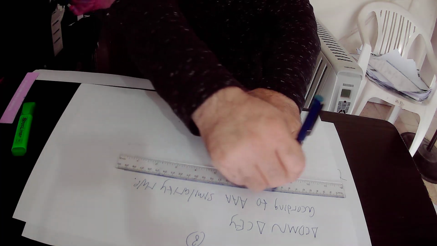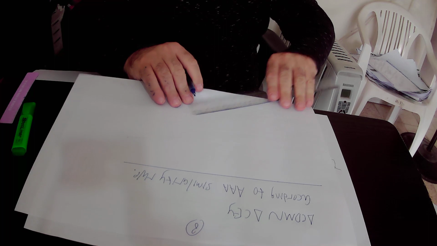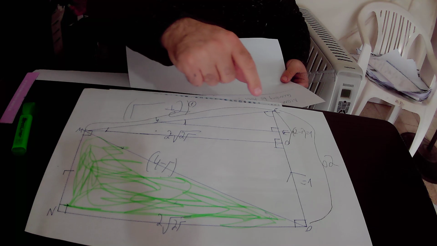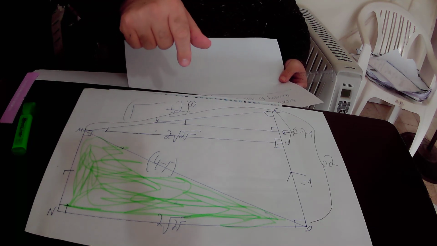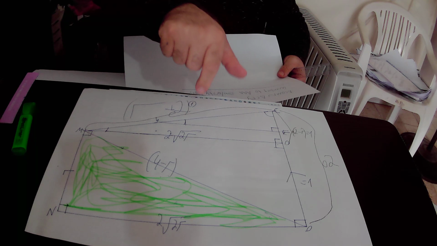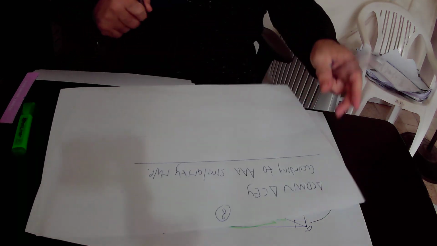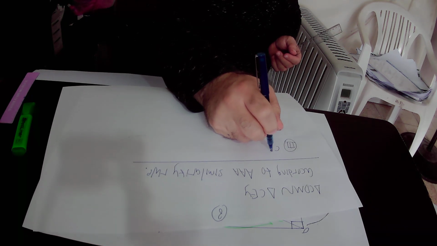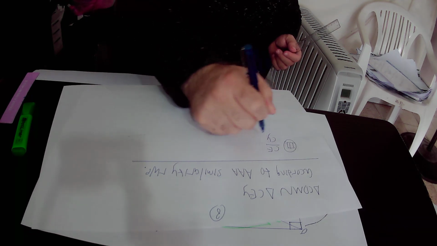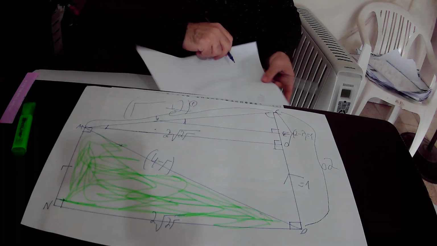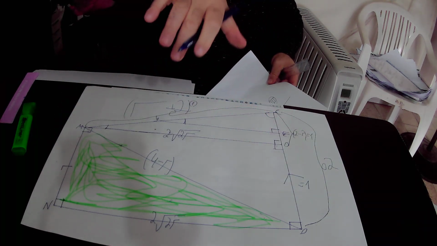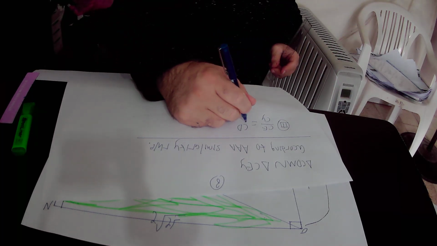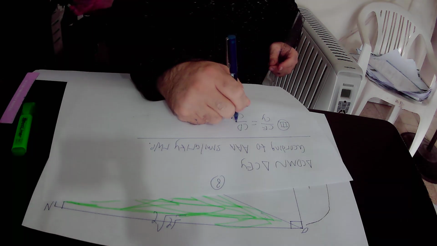The equality that states that CE over CY in triangle CEY equals CD over CM in triangle CDM.